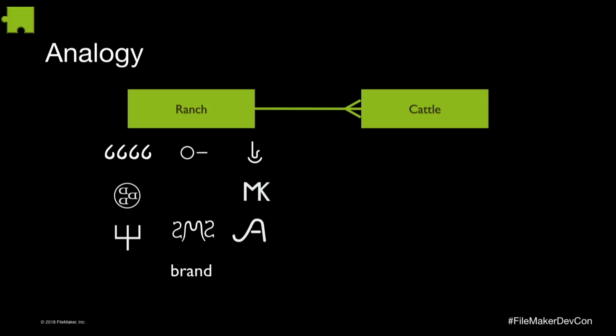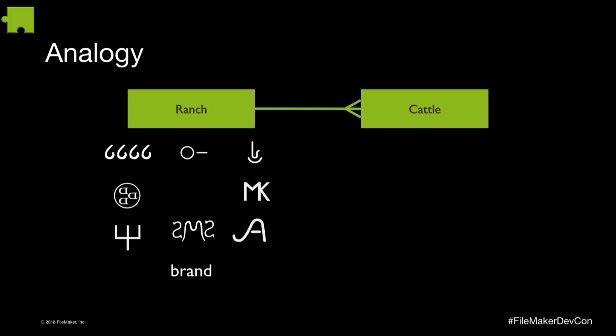So consider the brand to be the primary key of the ranch. Brands actually have to be registered and they have to be unique. There is a registry in the United States of all of the cattle ranch brands, and you can't register a brand that someone is already using. So they all have to be unique, so they've got that enforced uniqueness of being a primary key.